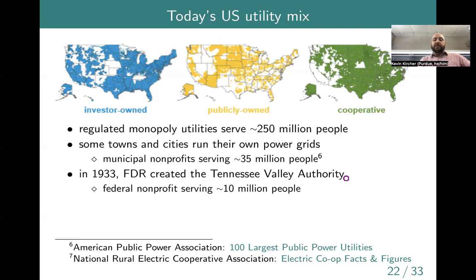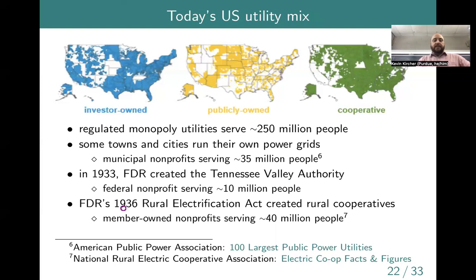And then there are some federally owned, so not state or municipality owned, but owned by the federal government, power generation and transmission services. One of those was created by FDR. This is the biggest one, the Tennessee Valley Authority, or the TVA, in this region here in Tennessee, and touching on, I think, half a dozen states around it.